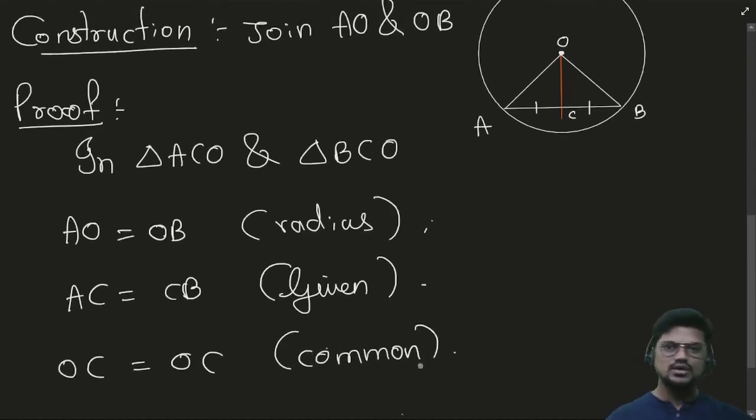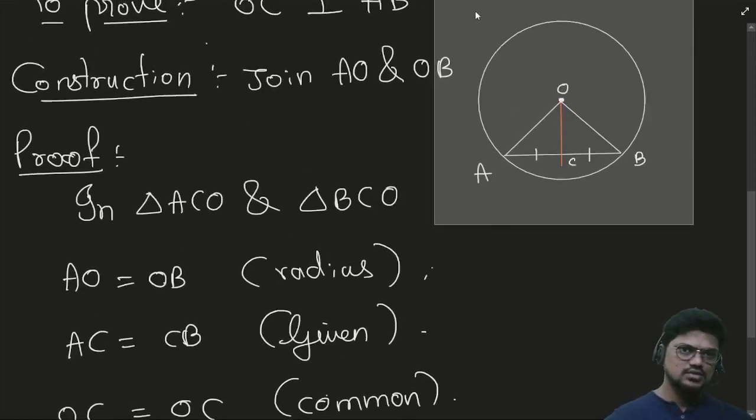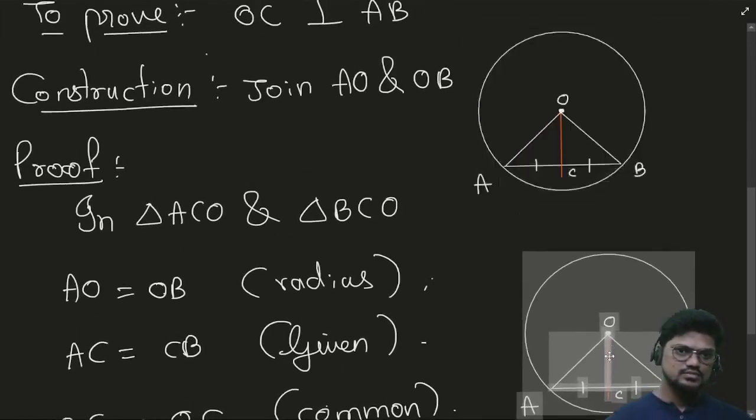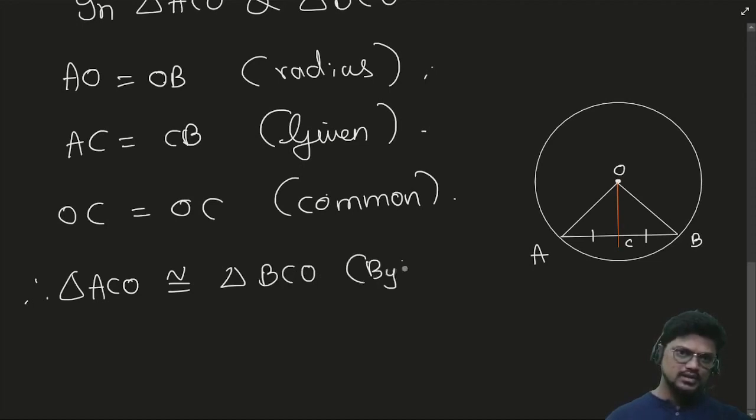Yes. Therefore, I can say that triangle ACO is congruent to triangle BCO by the SSS test of congruency.